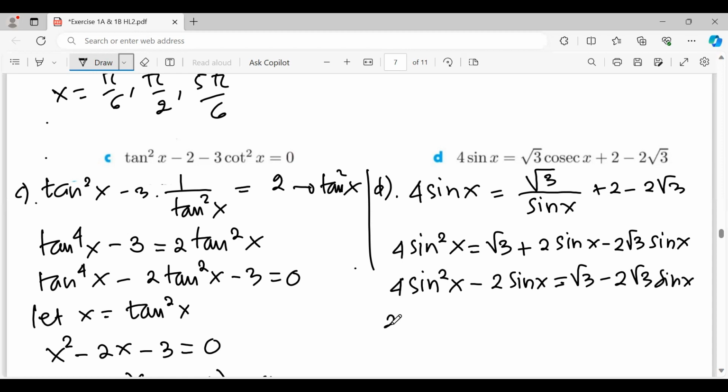So it's going to be 2 sine x times 2 sine x minus 1 equals root 3 times 1 minus 2 sine x.